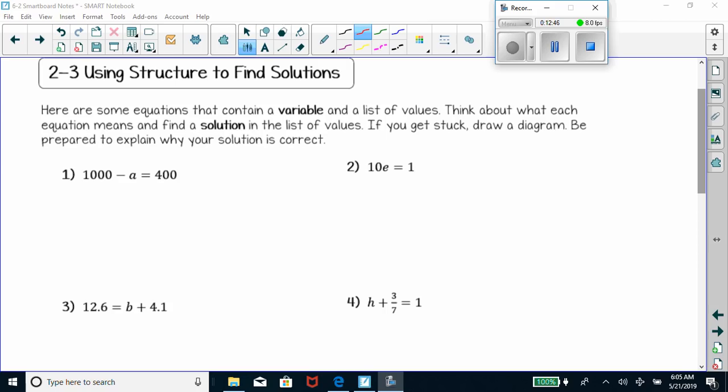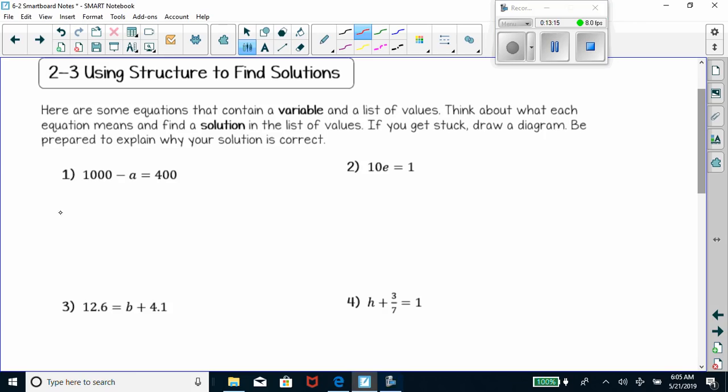So the first one, number 1, 1,000 minus A equals 400. Thinking about what this means, I have 1,000, and I want to know what I would have to remove from that 1,000 to get 400. What would A have to be? Well, on this one, you can do it intuitively. If I have 1,000 of something and I end up with 400 of them, then I've lost 600 of them.